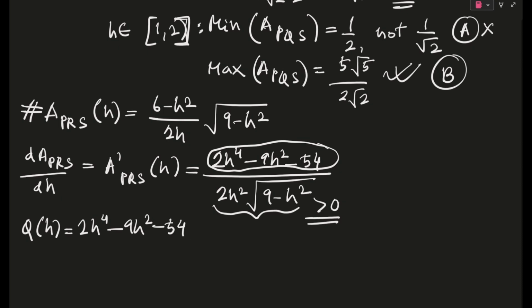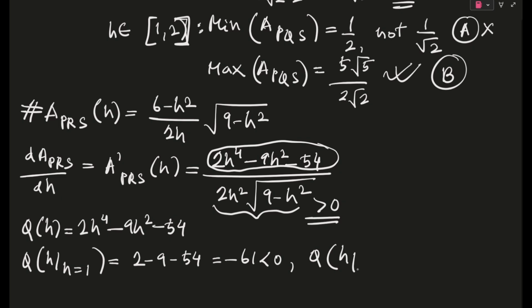So if we take this as capital Q of h, then capital Q of h at h equals to 1, if we find this out, this will come out to be 2 minus 9 minus 54. So I guess this is coming out to be minus 61, which is less than 0. And now if we go on to the next value, which is Q of h at h equals to 2, this is coming out to be 2 power 5 minus 9 into 2 square minus 54.